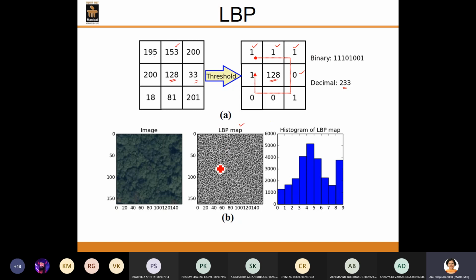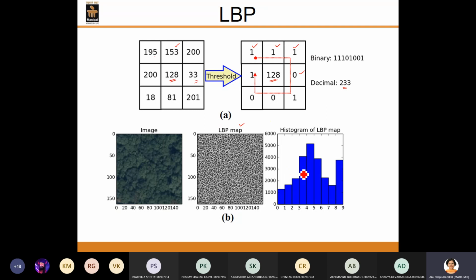What we see is that it does not look like the input image, but rather it helps to identify the local texture. Each of these pixels has information of the local texture description present in the image. And from this LBP map, again, a histogram which is called the LBP histogram can be calculated.